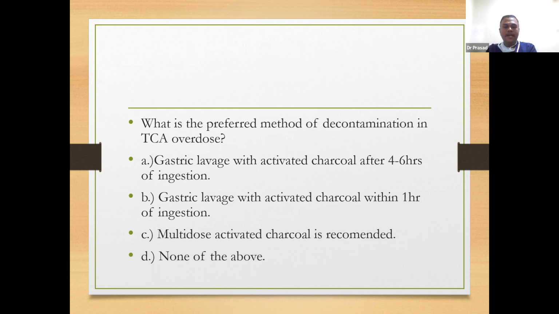B. Gastric lavage with activated charcoal within 1 hour of ingestion. C. Multi-dose activated charcoal is recommended. D. None of the above. You can answer in the chat box.